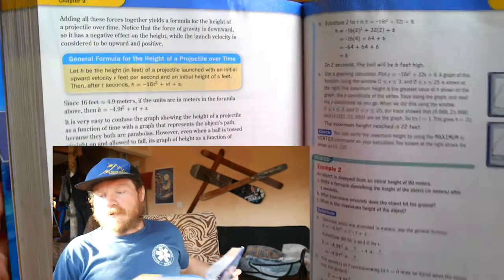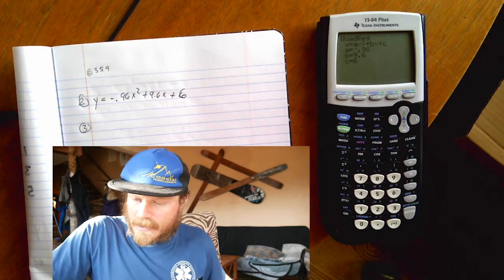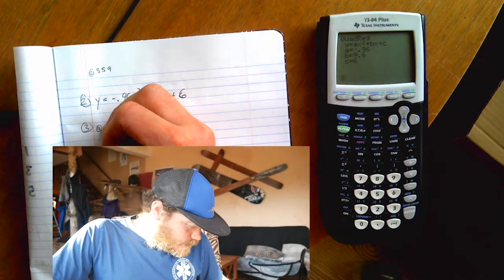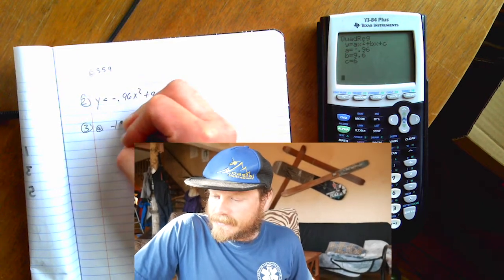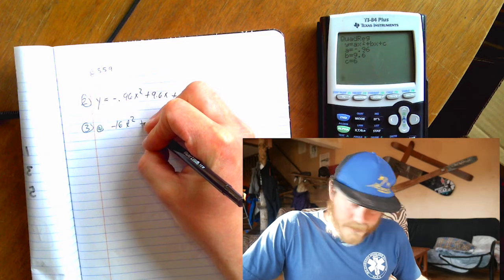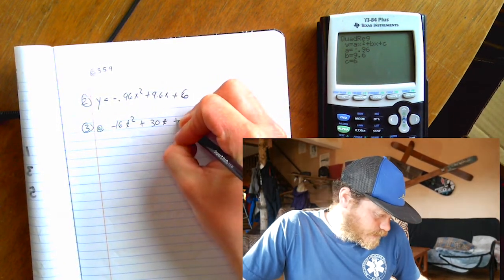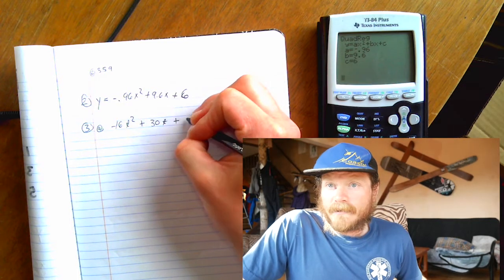Everything we need is right there. Okay, so negative 16t squared, that was gravity, plus our velocity was 30 feet per second, 30t, plus s, which was our initial height of 5 feet.